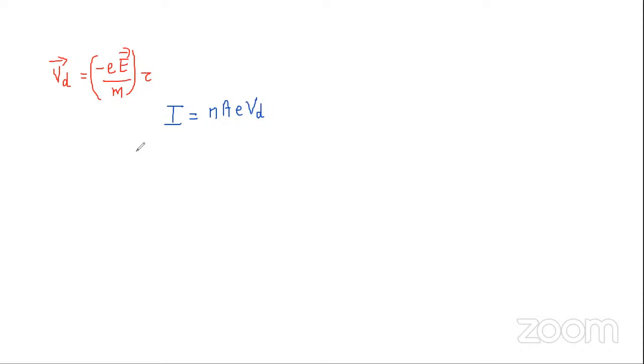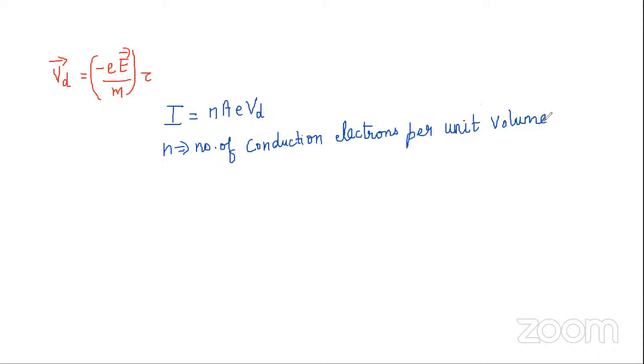Here N is the number of conduction electrons per unit volume, A is the area of cross section of the conductor, E is the electron charge, and Vd is the drift velocity.